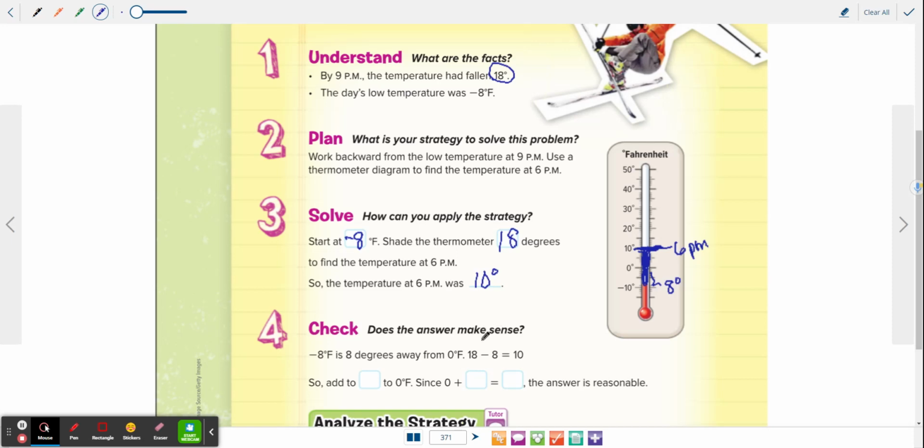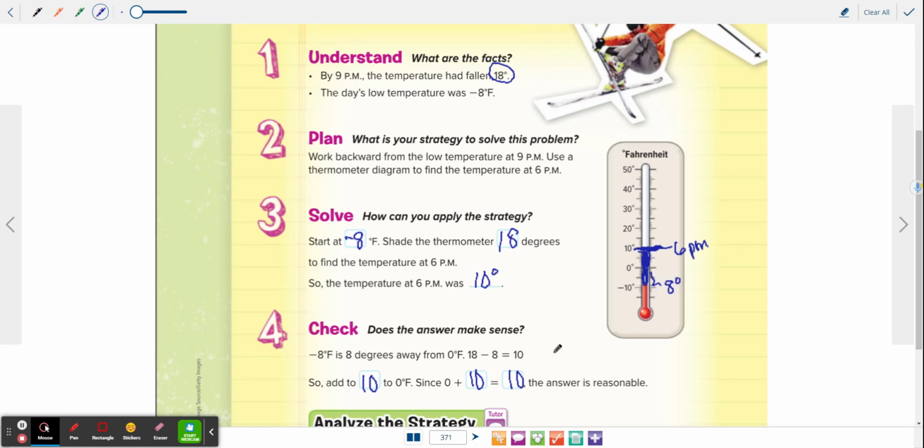Okay, now we can check that. Negative 8 degrees Fahrenheit is 8 degrees away from 0. 18 minus 8 equals 10. So if we add 10 to 0, since 0 plus 10 equals 10, then the answer is reasonable.